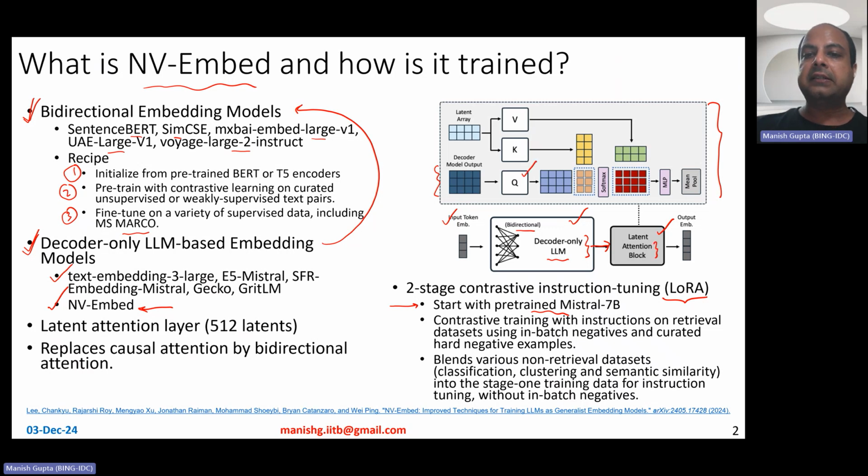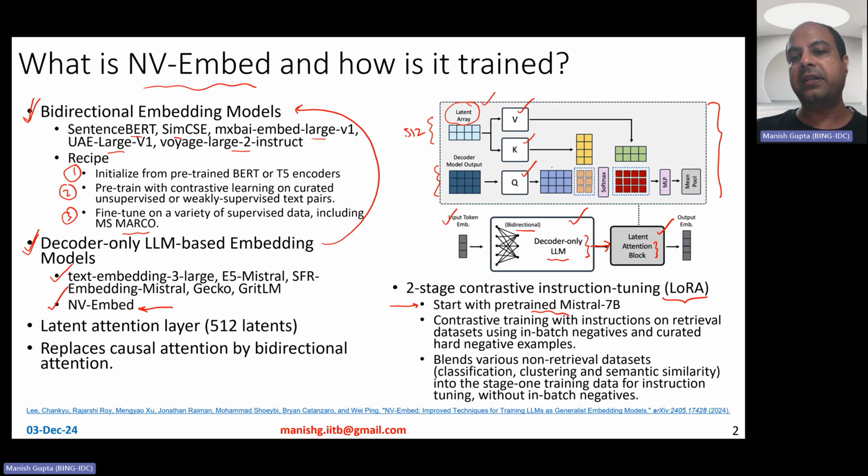The keys and the values are initialized with randomly initialized vectors, and of course they are trained over iterations, when the LoRA fine-tuning is done for NV-Embed training. These latent arrays use 512 such vectors. They serve as both keys and values. And then the typical QKV happens.